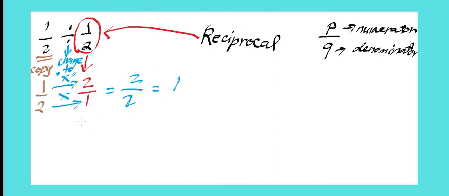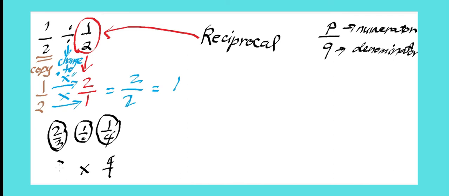Okay, now let's have another example to make it clear. We got 2/3 divided by 1/4. So 1/4 is our divisor, so we are going to reciprocalize that. So 4 over 1, and the operation, you're just going to change into multiplication and just copy the first number, which is 2/3.